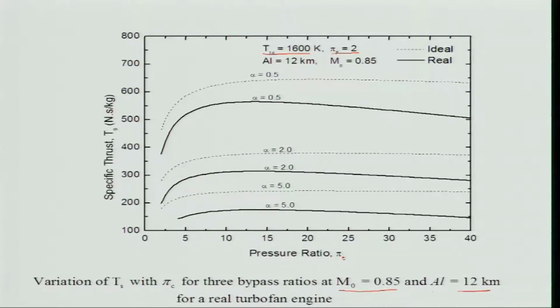This dashed line is the ideal one. For alpha equal to 0.5, the specific thrust increases with the pressure ratio, reaches a maximum value and then decreases. You get a similar trend for the real cycle analysis, only it attains a maximum value much before the ideal one.